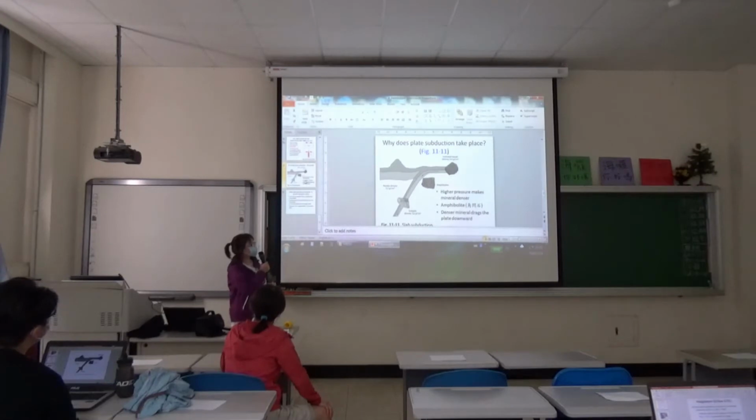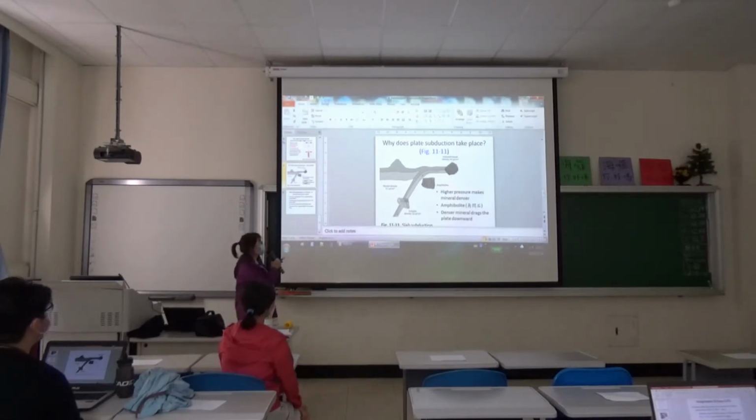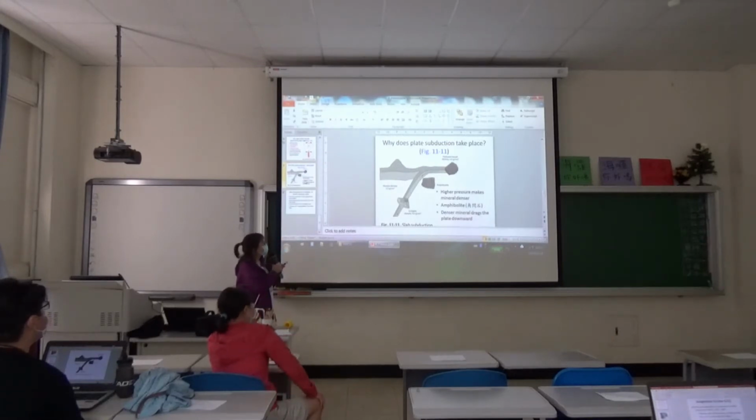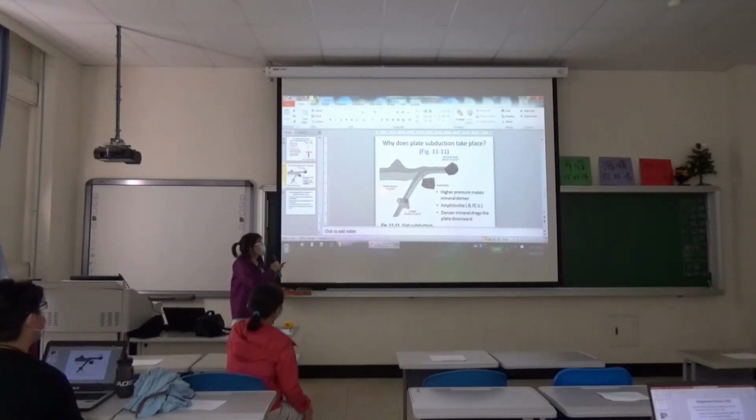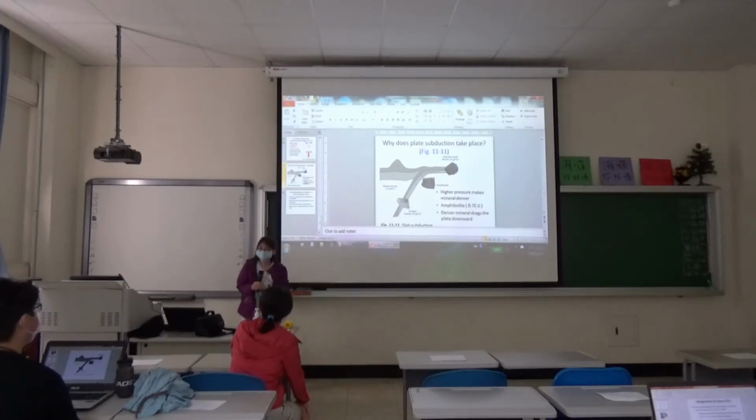Or maybe it's because of the mantle density. Okay, I said it wrong. This 3.3 is the mantle density. So after the density increases, if the density of the mineral in the subduction zone is higher than the mantle density, it will sink.